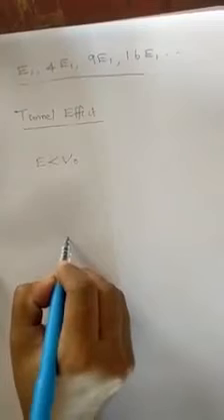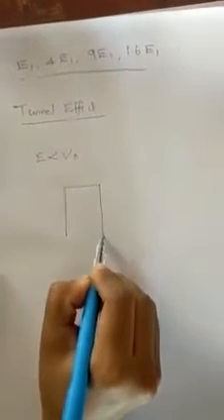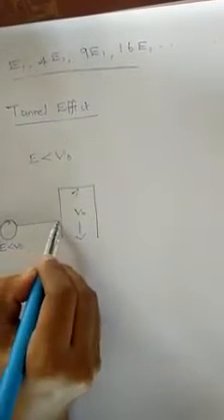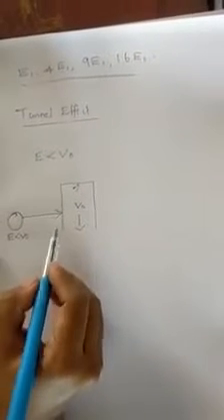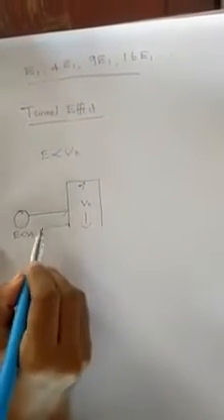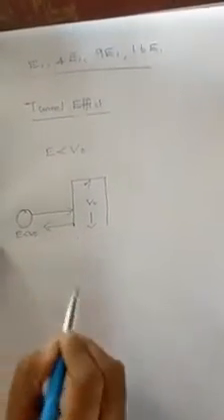So, consider a potential barrier of height V0. Suppose an electron with mass m and kinetic energy E, that is less than V0, approaches the potential barrier. According to classical mechanics, it reflects back without entering the other side. This is the classical picture.